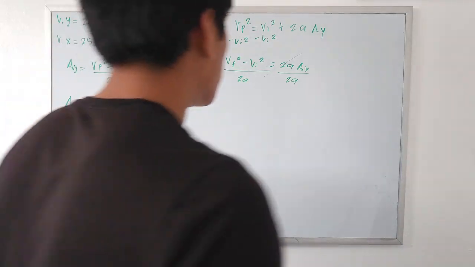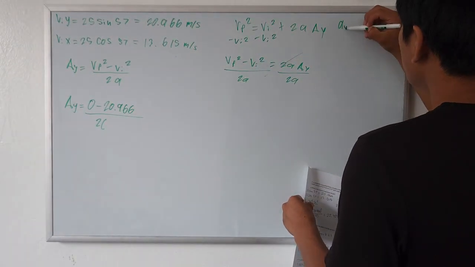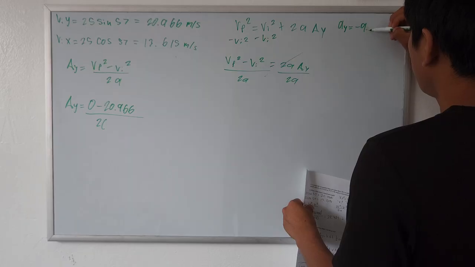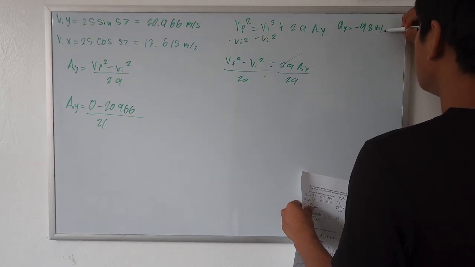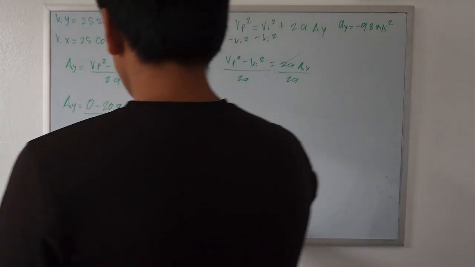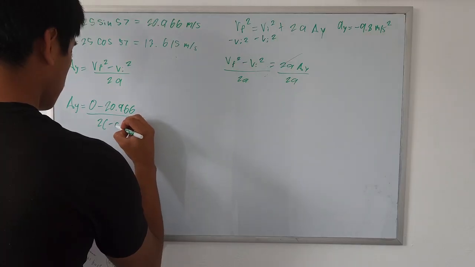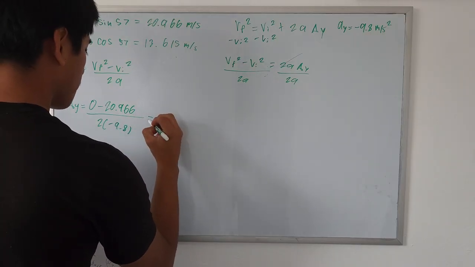I should have written that down, but ay is equal to negative 9.8 meters per second squared. So over here is going to be negative 9.8.